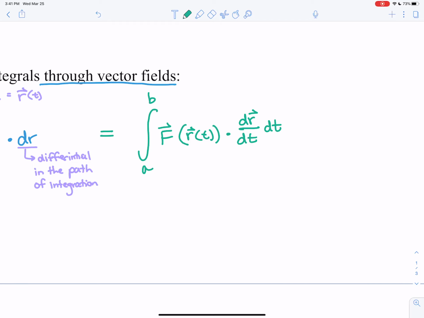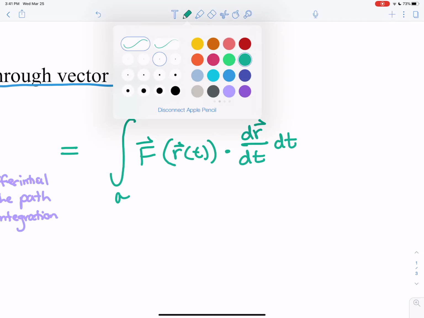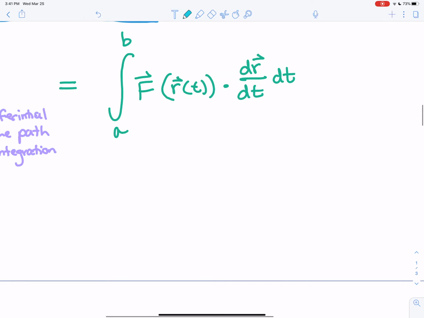All we're doing here is rewriting the vector function in terms of the path, times its first derivative dt. So this almost looks identical to 16.1. The only difference is we're not taking the magnitude in this case. And instead of having just a general function f, we have a specific vector function capital F, where r of t is the path of integration.